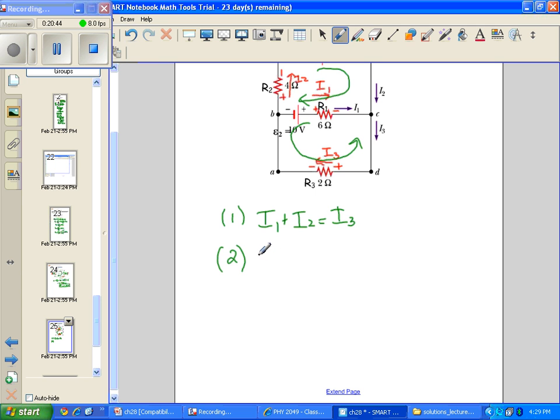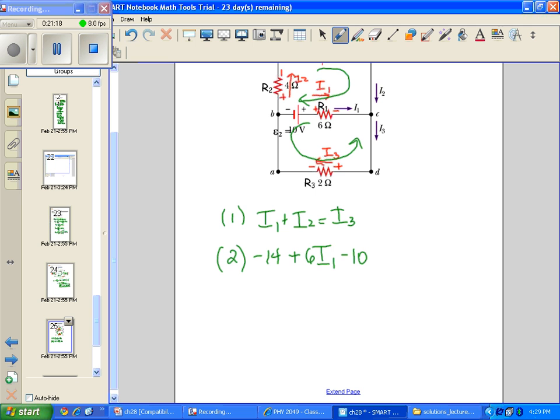So because I am going from positive to negative, I have a minus 14, and again I leave out the unit, plus 6I1, since you can see that the direction of my loop takes me from the negative side of R1 to the positive side of R1. So I have a plus or potential rise.